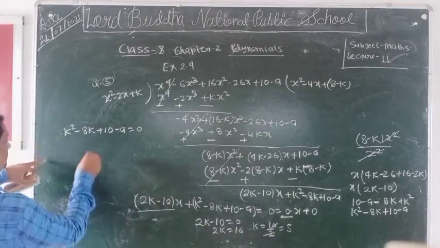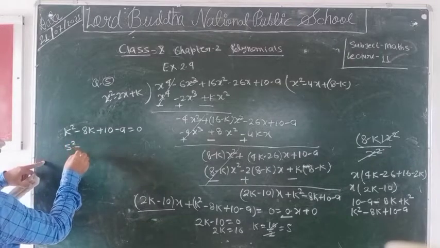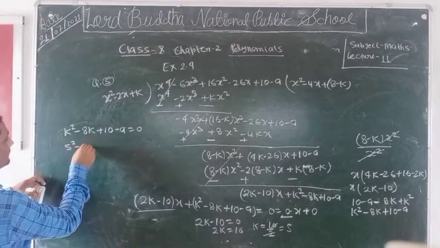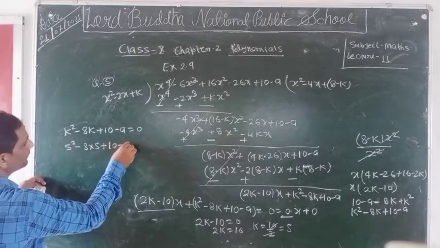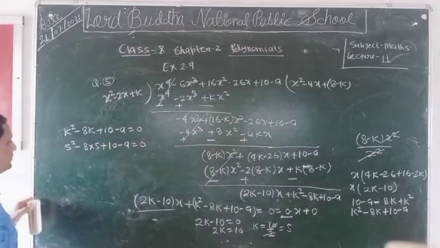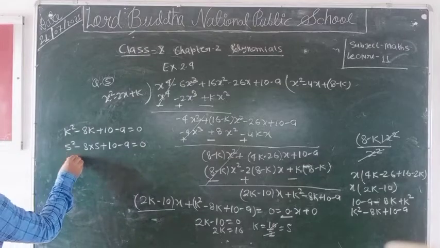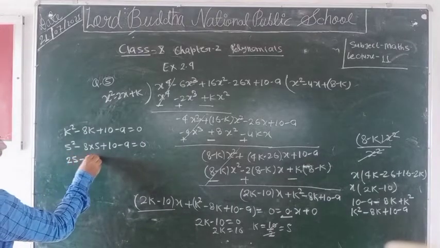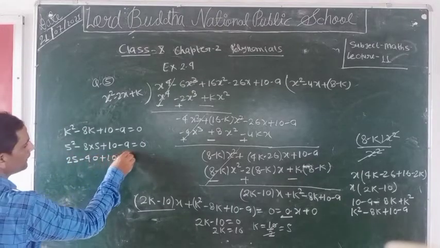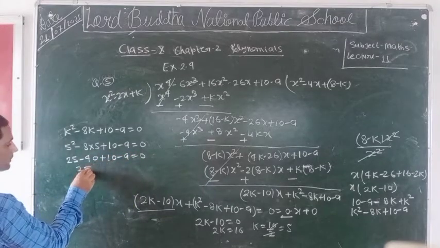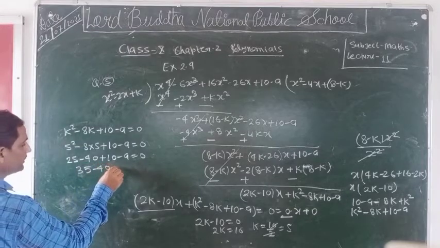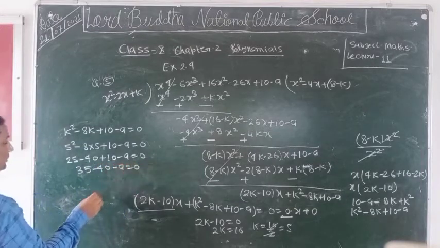We write here 5 square minus 8 into 5 plus 10 minus a equal to 0. 5 square is 25, minus 40 plus 10 minus a equal to 0. 25 plus 10 is 35, minus 40, minus a equal to 0.